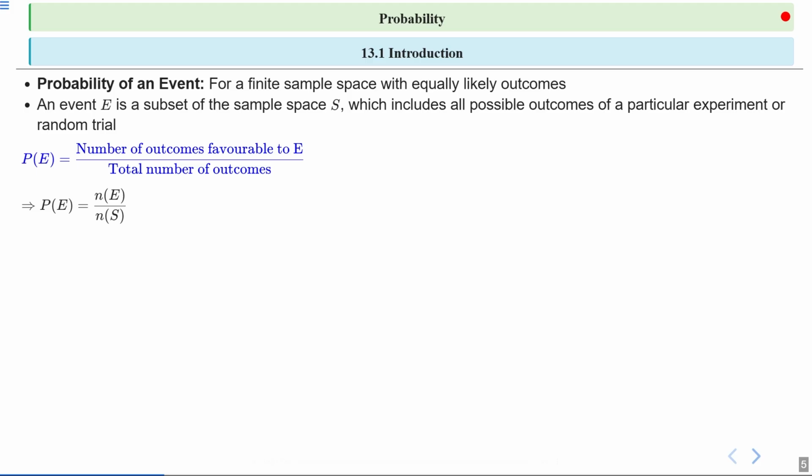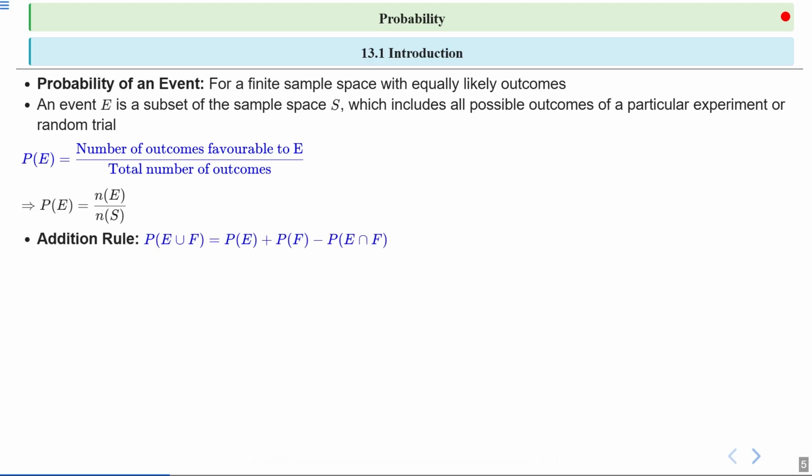Where n(E) is the number of outcomes in event E and n(S) is the number of outcomes in the sample space S. Both n(E) and n(S) are just counts, so they have no units, right? You can notice that as n(E) increases, the probability goes up, and as n(S) increases, the probability goes down if n(E) stays the same, right?